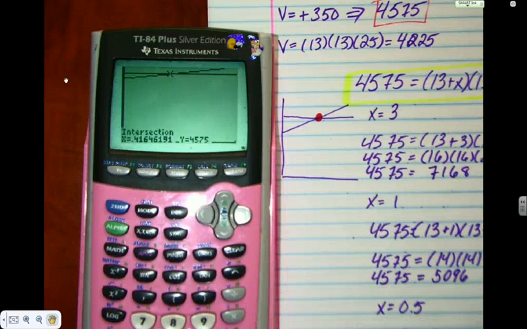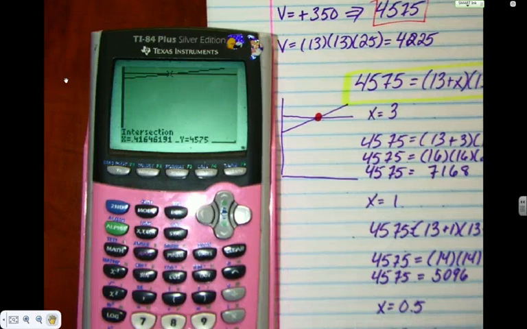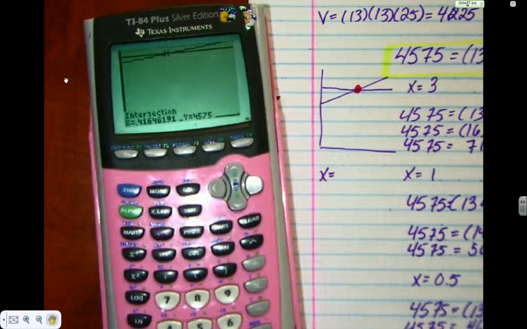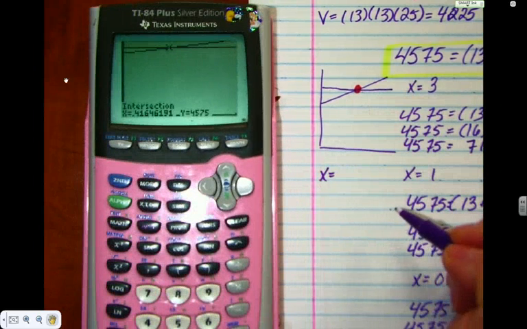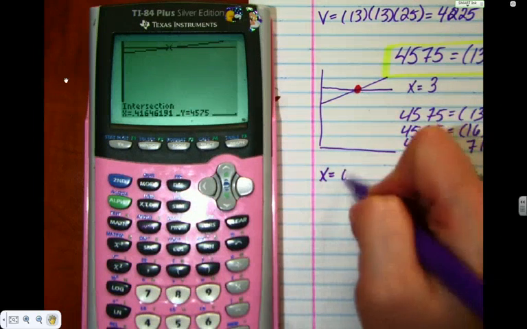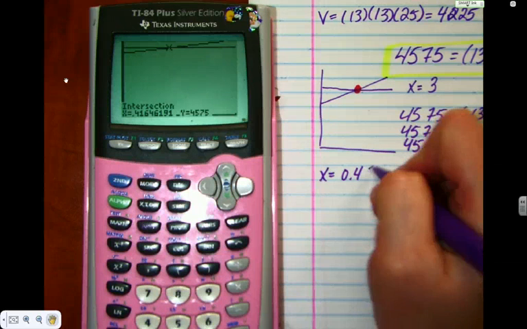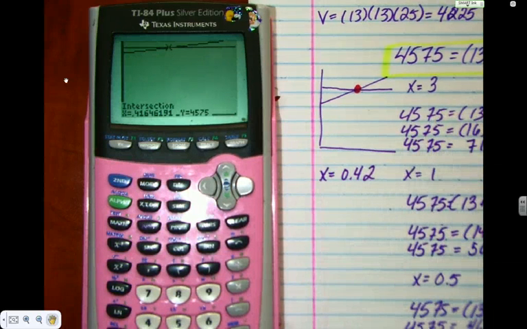And what number are we looking for out of this? Are we looking for the x this time or the y? We're looking for the x. One decimal place, 2 decimal places, does the question say? So typically we give 2 if the question doesn't say. If you gave 1, that would be fine.